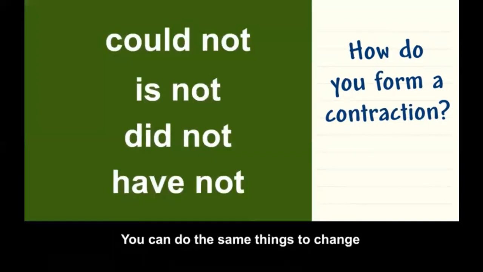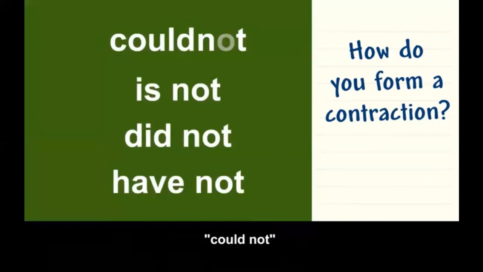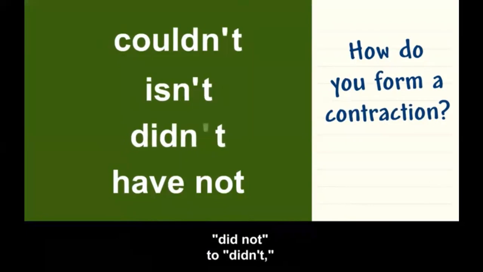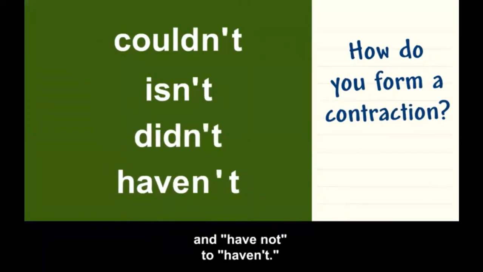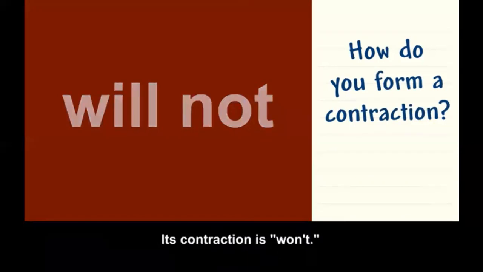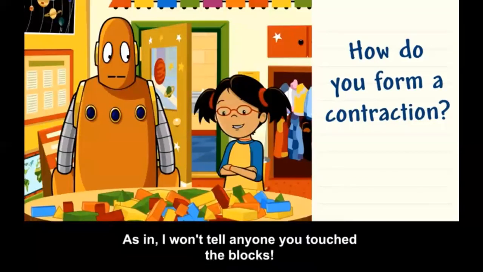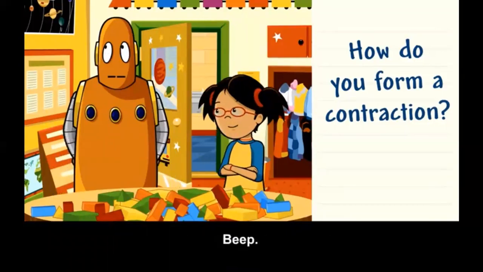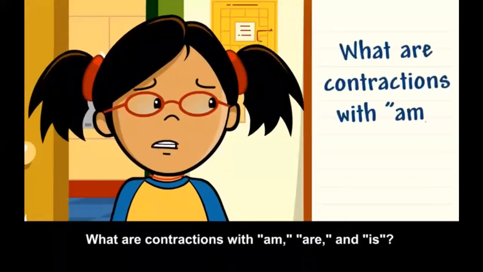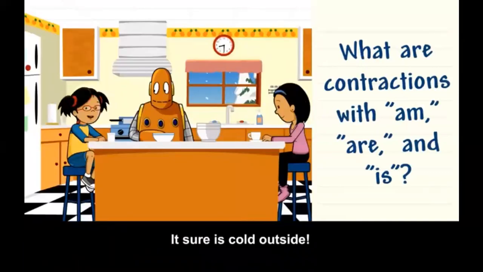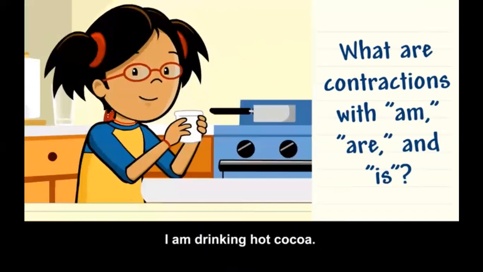You can do the same things to change could not to couldn't, is not to isn't, did not to didn't, and have not to haven't. But the contraction for will not doesn't follow the pattern. Its contraction is won't. As in, I won't tell anyone you touch the blocks. What are contractions with am, are, and is? It sure is cold outside. I am drinking hot cocoa.